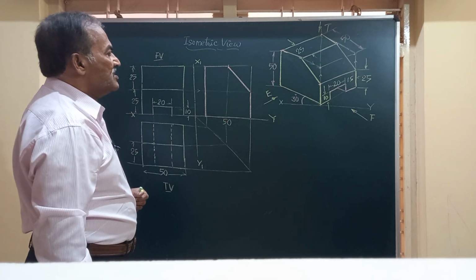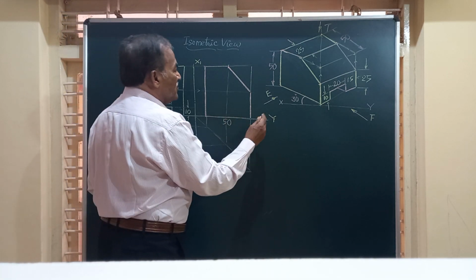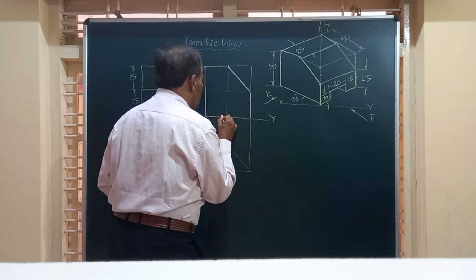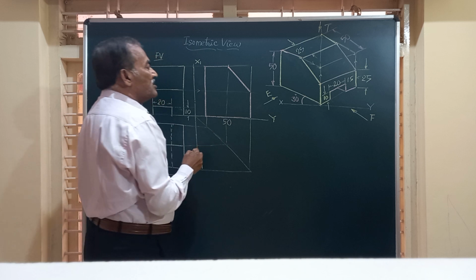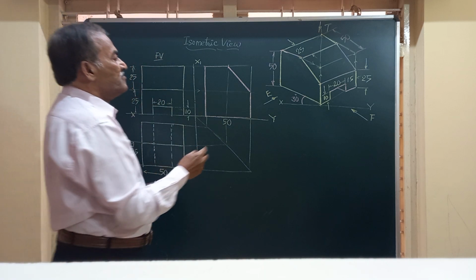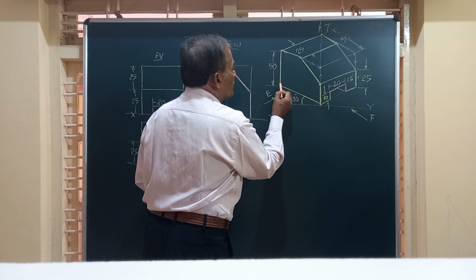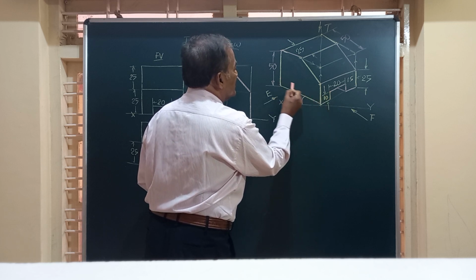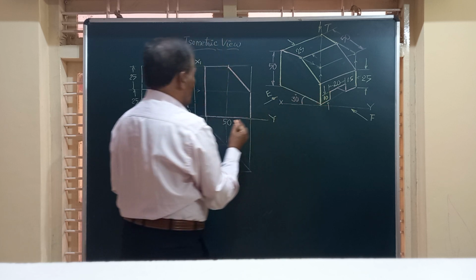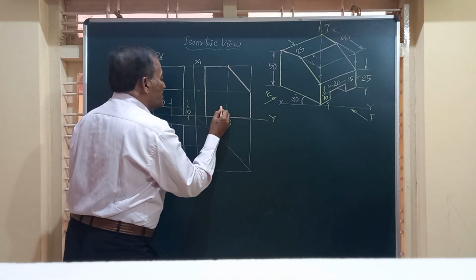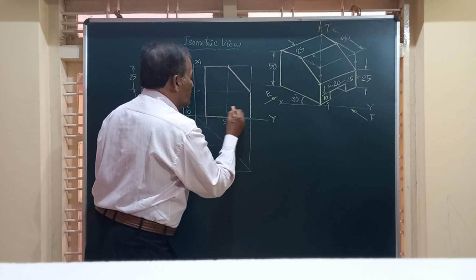Now friends, if you don't show this slot in the end view, then the question becomes wrong. So where do you see that, friends? At this height of 10 mm from one of these corners, draw a parallel line. So friends, that can be obtained like this. You know the height, simply project a line from there.